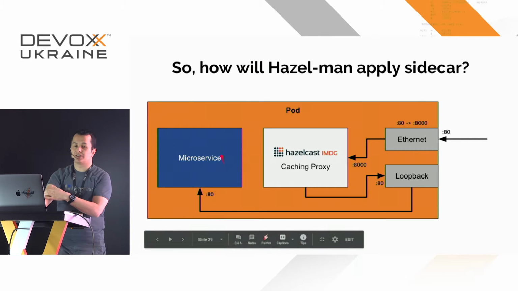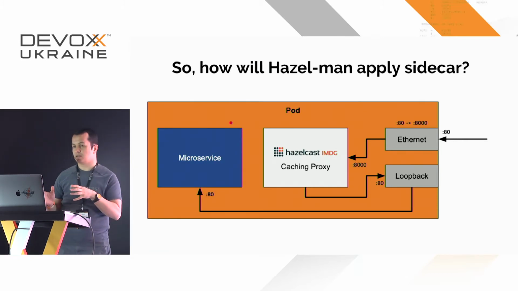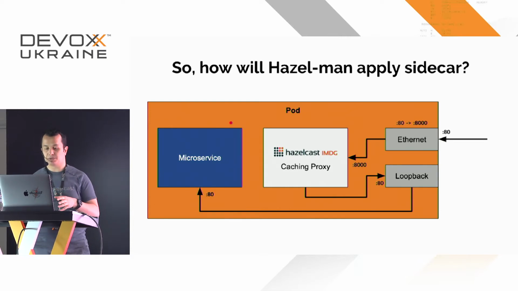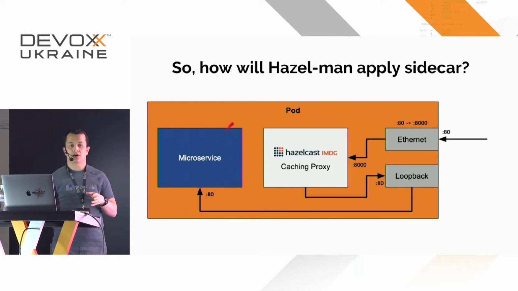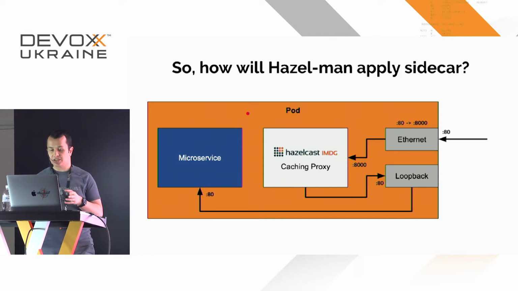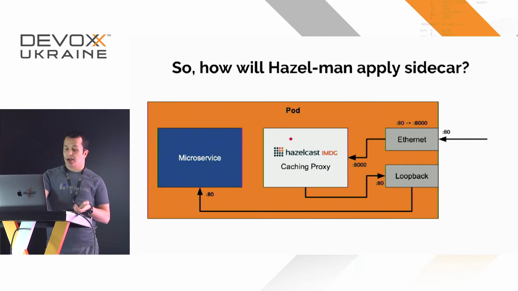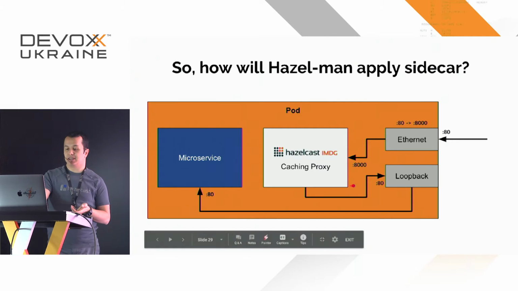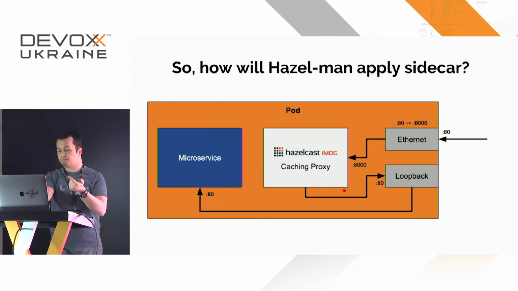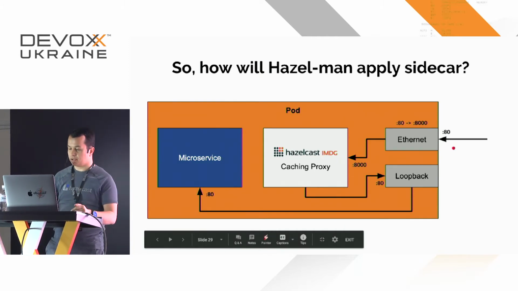So the microservice application won't know anything about caching in this implementation. It will work transparently to the caching layer. This layer will be separated from the microservice. And if there is a cache hit, of course, the caching proxy won't forward the request to the loopback. Instead, it will return the response to the original client.